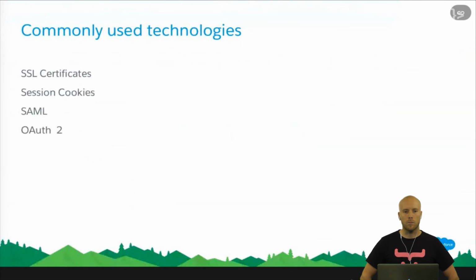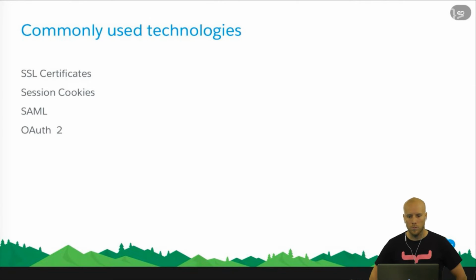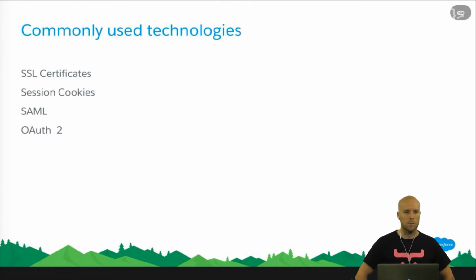So commonly used technologies when you interconnect enterprise applications in general could be, like you said, SSL certificates. We do that also. Yeah, you do. With our platform, if you want that, it all depends on the use cases, right? Yeah.